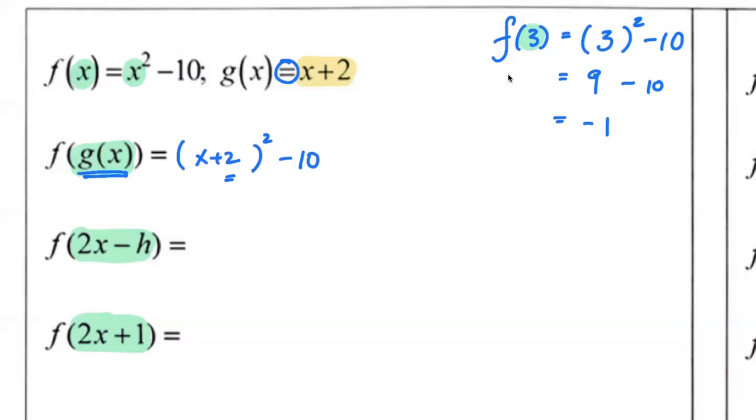Now, I want to take a moment to make sure that everyone is aware of the common mistakes here. What I've seen so far is that some of you, not a majority, would make the following mistake.